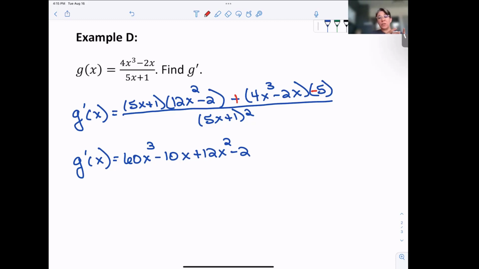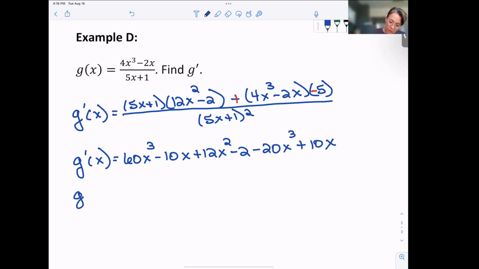So I can change it to a negative 4x cubed plus 2x, or I can change that 5 to a negative 5. So in other words, you're multiplying by that negative first, then distributing, but you only multiply it to one of them. I chose the smaller one. So now we can distribute that negative 5. So that's going to give us a negative 20x cubed plus 10x.